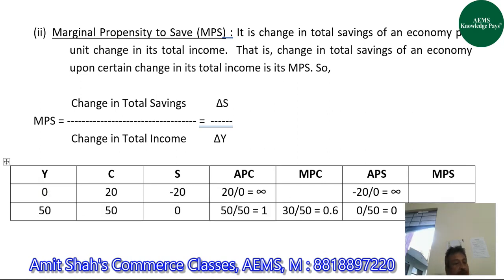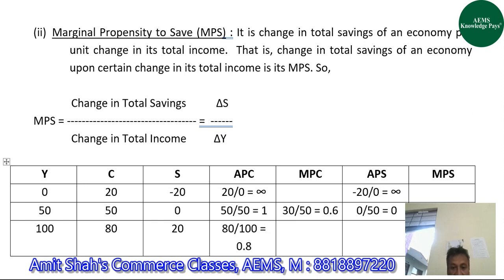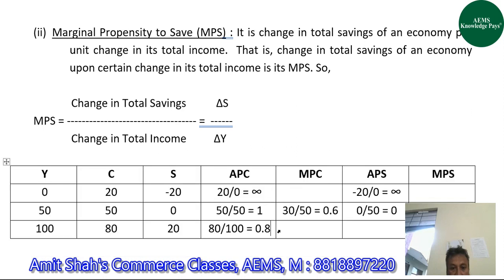That is 0.4. If income becomes 100, consumption becomes 80. So now savings are 20, that is 100 minus 80 is 20. Right? So APC is 0.8. MPC is change in consumption expenditure, that is 30 divided by 50, that is 0.6.